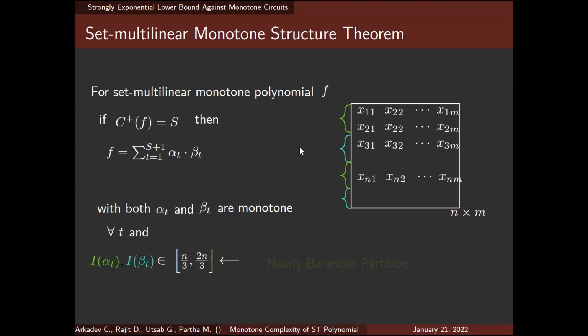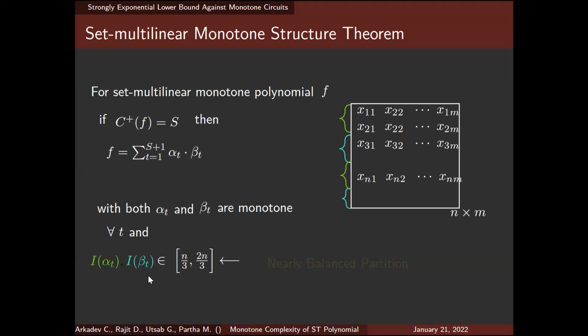Now, precisely, alpha t is a monotone set-multilinear polynomial defined over a submatrix of dimension size of I of alpha t times n, with this submatrix having rows corresponding to elements in I of alpha t. And similarly, beta t is a monotone set-multilinear polynomial defined over a submatrix of this matrix with the rows of that submatrix coming from the set I of beta t.